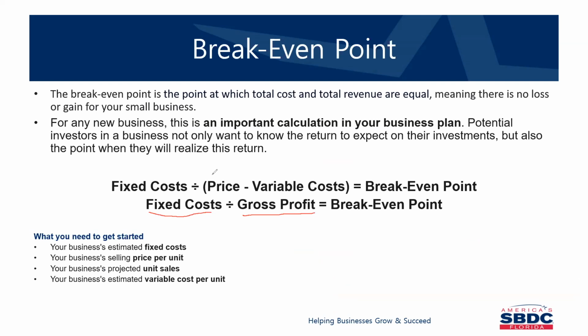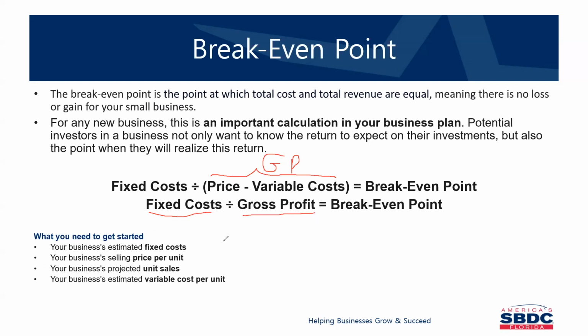This is your gross profit. So these two are exactly the same. Once you have this, you already have your gross profit, so you just take the fixed cost and divide it by the gross profit, and you've got it.